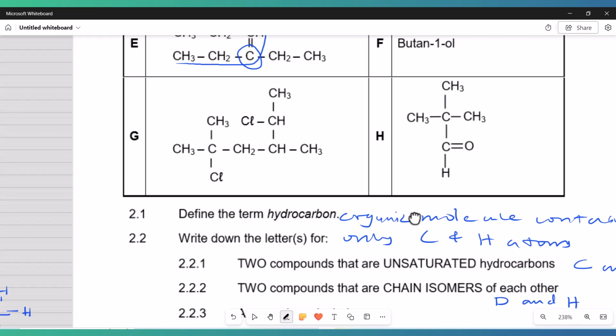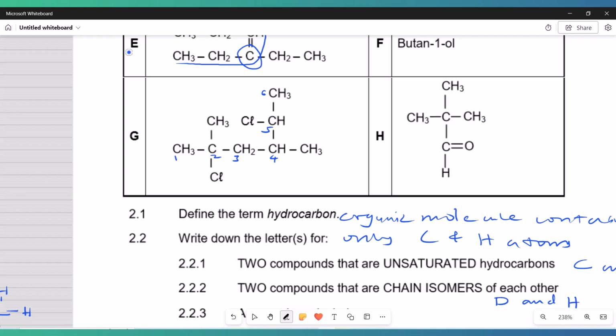So on carbon number 2 and carbon number 5, we have what?